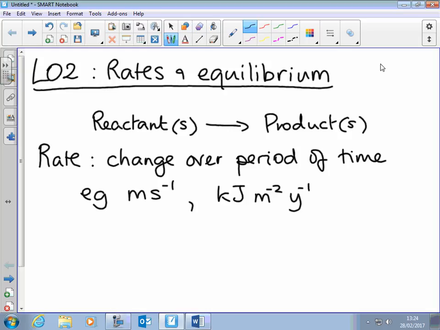So what we've got to consider is how we are actually going to measure rate of reaction. You're going to look at factors that have an impact on rate, but you've got to have a way of looking at rate first. You've got to be able to measure rate. So you've got two options.